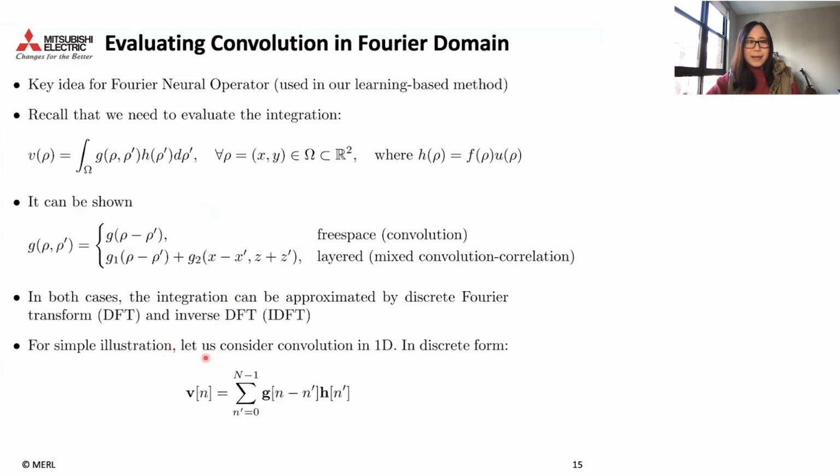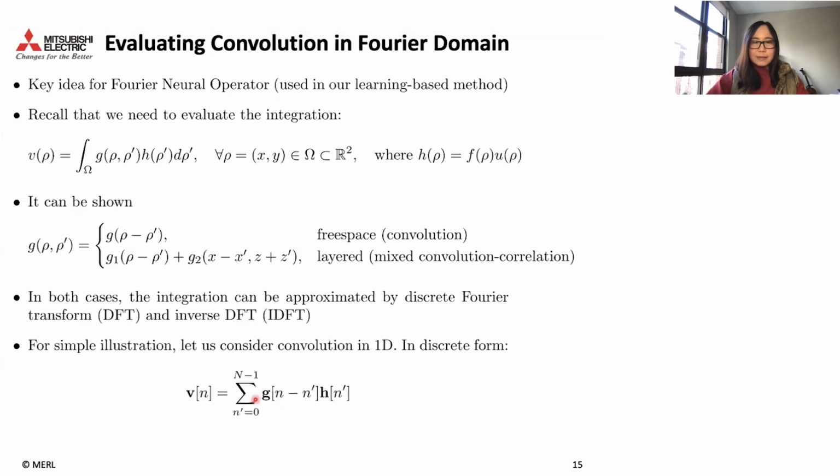To make things even simpler, let's consider a 1D integration, which in discrete form has this vector that represents the Green's function, and this vector that represents the multiplication of our permittivity contrast and the total field. Then we want to compute the result of that integration, which is called the scattered field in the scattering problem.